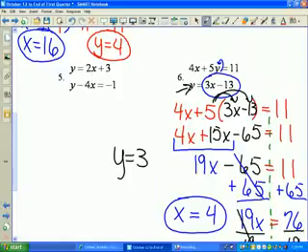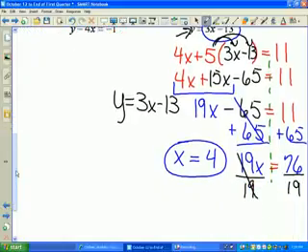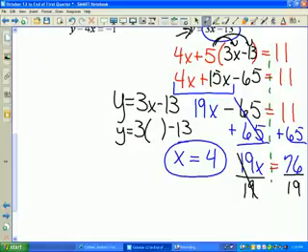It's set up as y equals 3x minus 13. And since I know what x is, all I'm doing is just plugging in that 4 for my x.